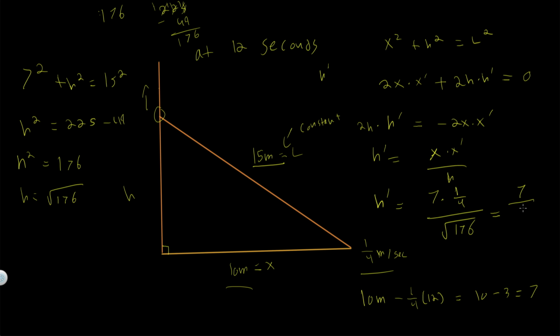So we get 7/4 divided by the square root of 176, and we can rewrite this as 7 over 4 times the square root of 176. And this should be something like 7 over 50 or so. So the rate of change of the height at that point is this right here. And we did that using implicit differentiation and related rates.